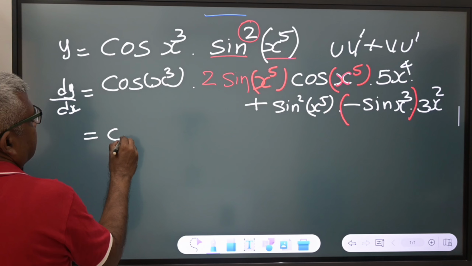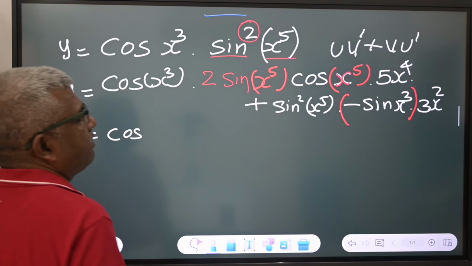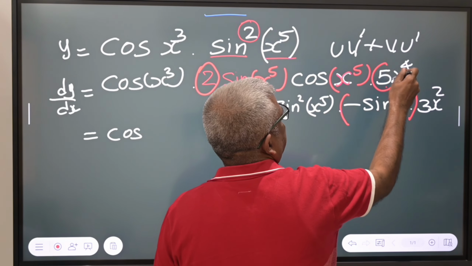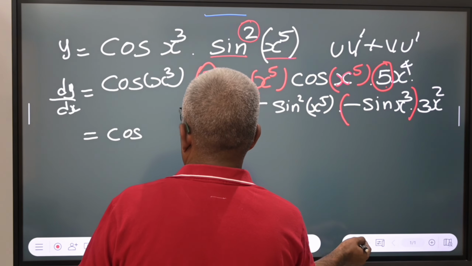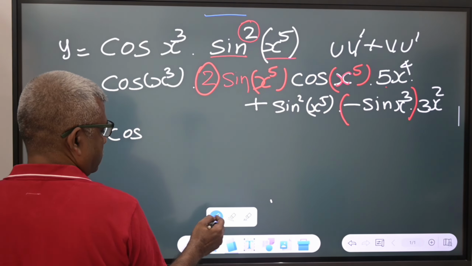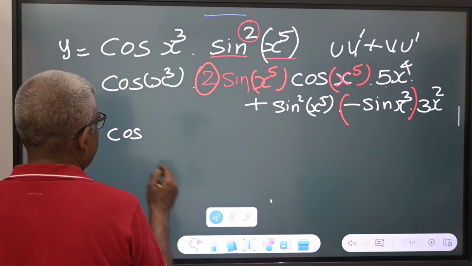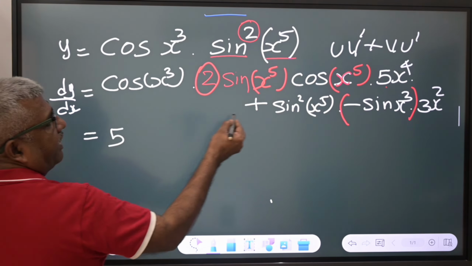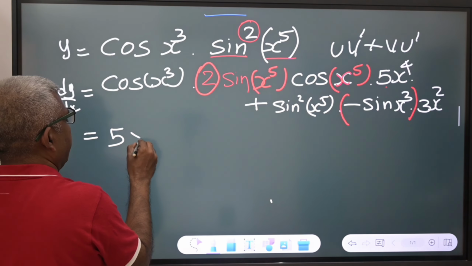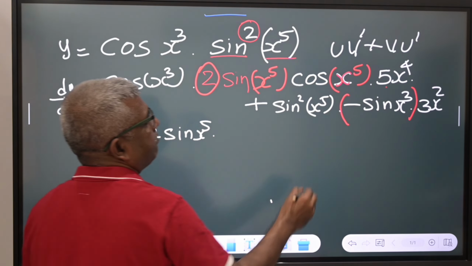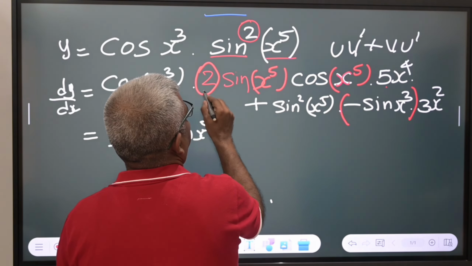So cos x cube. Now we will simplify. 5 and 2 is 10, or this 5 I write here, then times 2 sin x power 5 times cos x power 5.